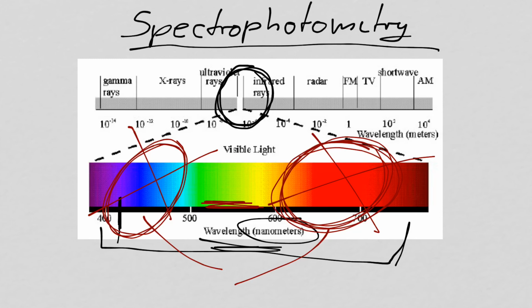And in fact, in this wavelength range there is some absorbance by other pigments in the plant. But usually it's totally masked by chlorophyll.